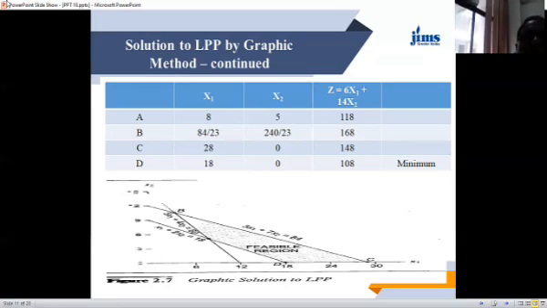For A it is (8, 5), for B it is (84/23, 240/23), for C it is (28, 0), and for D it is (18, 0).